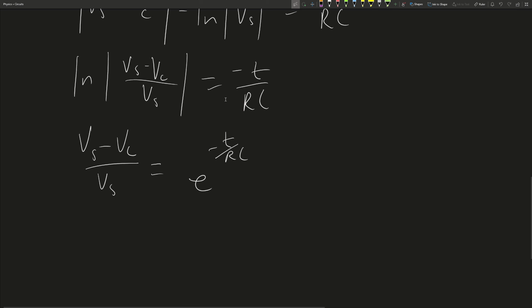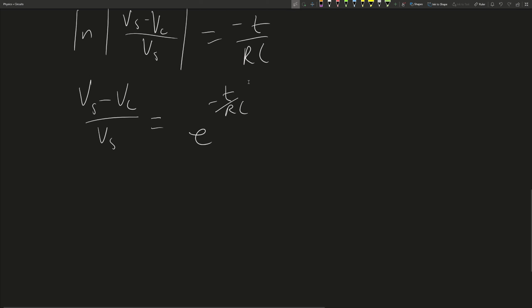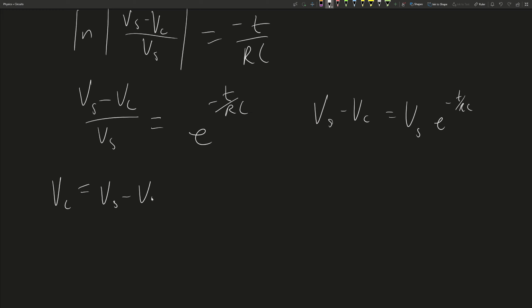And now if we rearrange this a bit, we get that Vs minus Vc is equal to Vs e to the negative T over RC. And then if we solve for Vc, the capacitor voltage, we get Vc is equal to Vs minus Vs e to the negative T over RC, which is equal to Vs times 1 minus e to the negative T over RC.